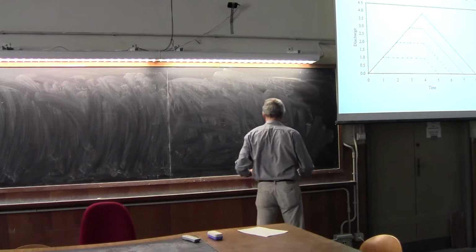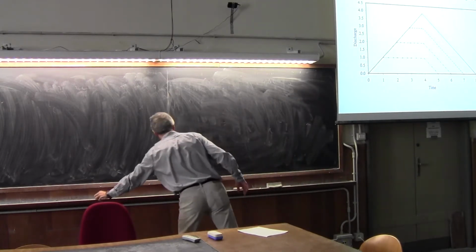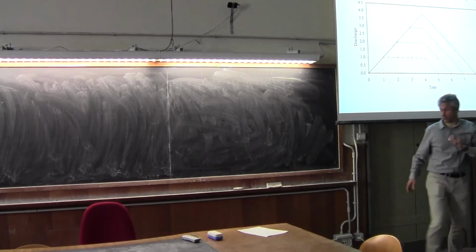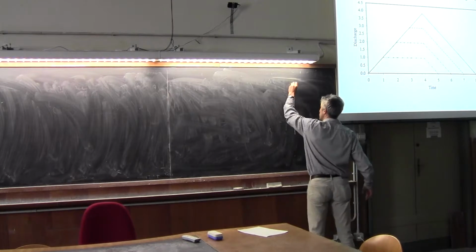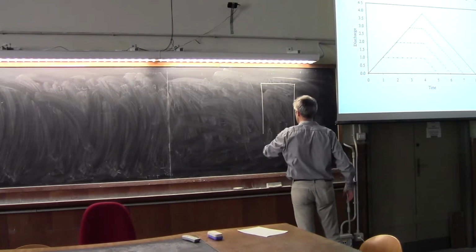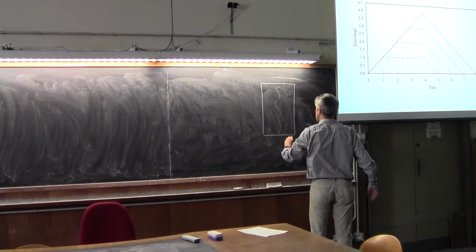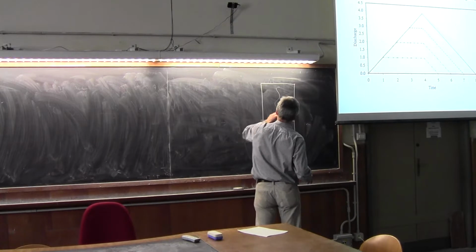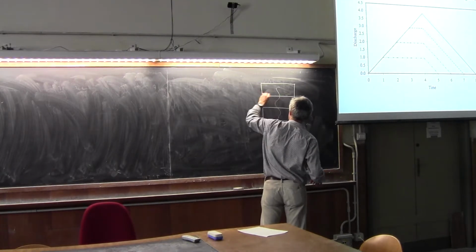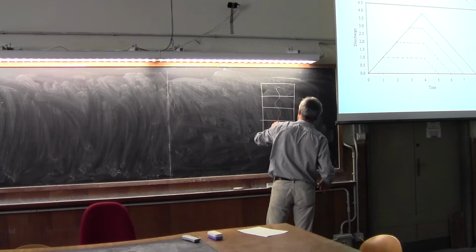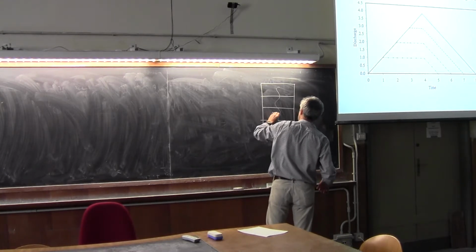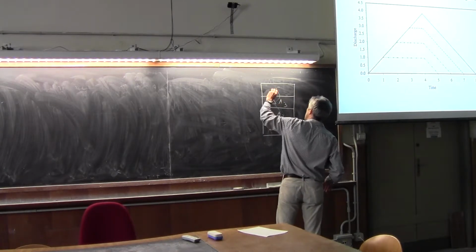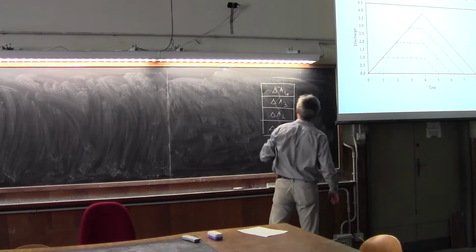Okay, so let's refer to the catchment shape. I'm just redepicting what is depicted up there. So this is the catchment. Of course you have your river here, the shape of the river doesn't matter. What matters is that this is delta A1, delta A2, delta A3, delta A4.